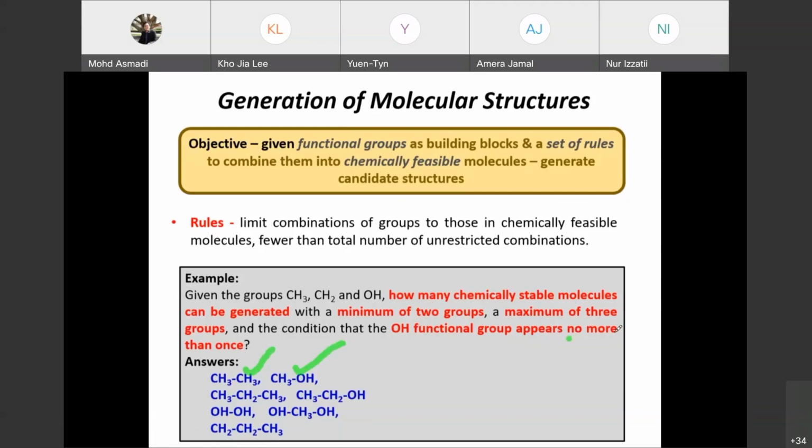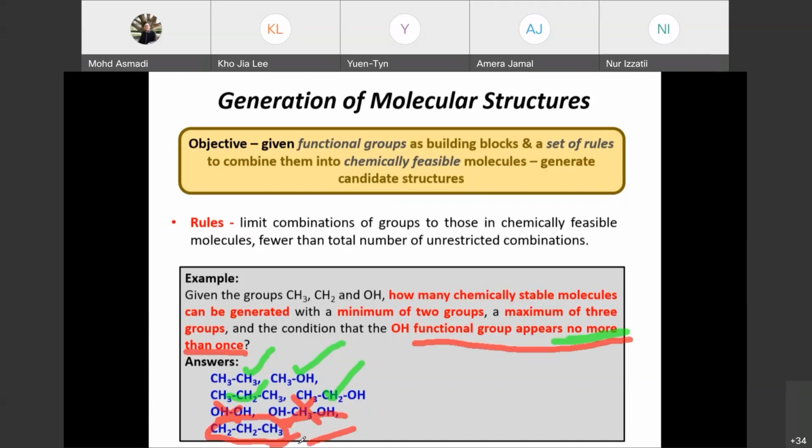So meaning that without OH is possible. CH3, CH2, CH3 is stable. CH3, CH2, CH2, OH is also possible. OH, OH, this is not feasible, because of this statement: the OH fraction will appear no more than once. How about this one also? Cannot.